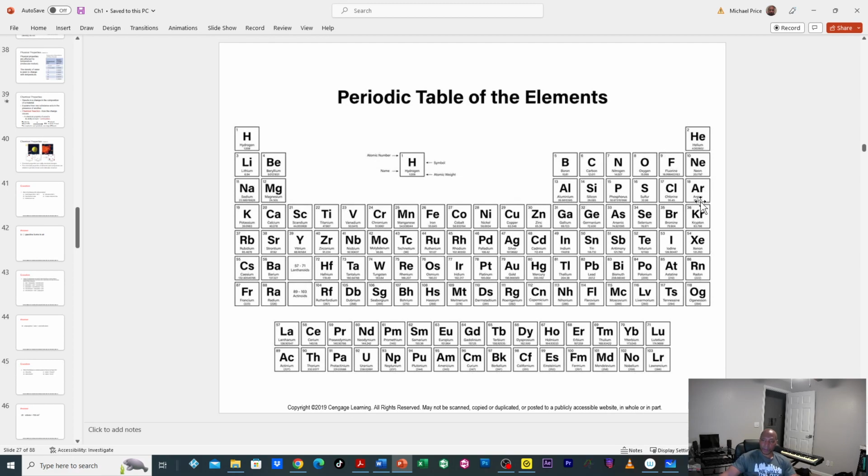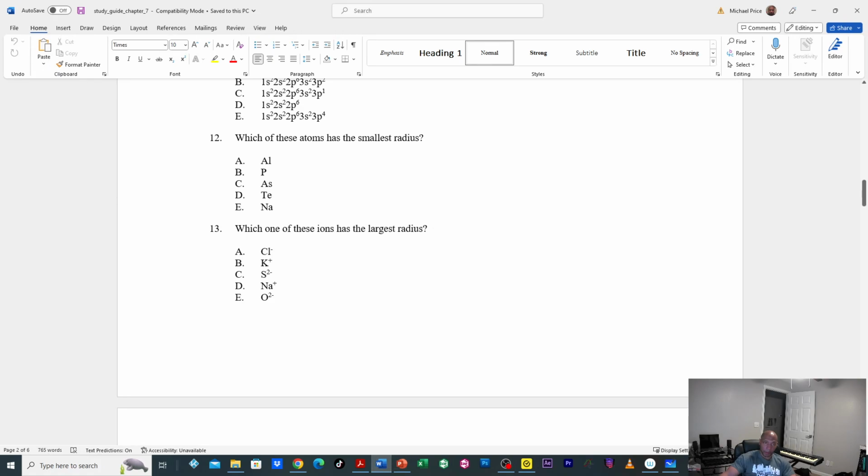Then I compare sulfide to sodium +1. I know you're saying they're not isoelectronic with one another, but sulfide is isoelectronic with argon, and sodium is isoelectronic with neon.